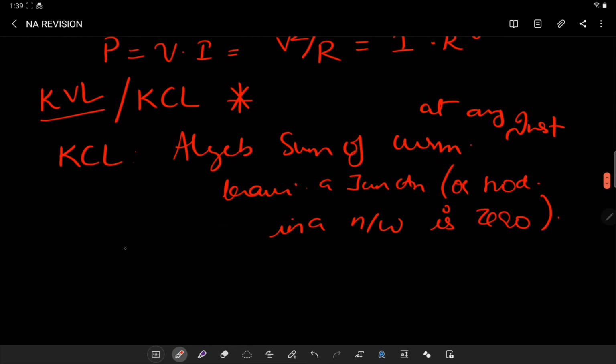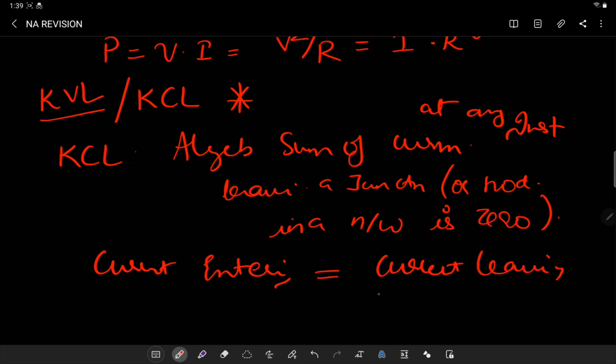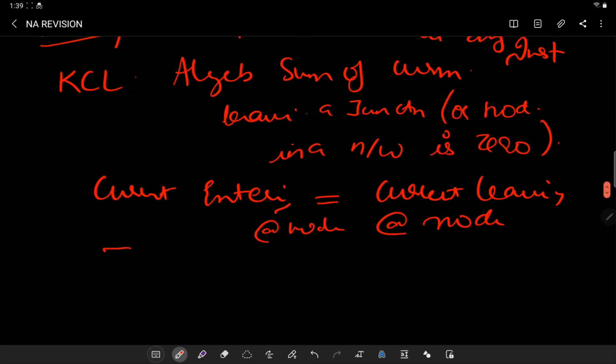So we can also simply say that current entering is equal to current leaving, specifically at a node. It can be represented by sigma, the summation of all currents, is equal to 0.